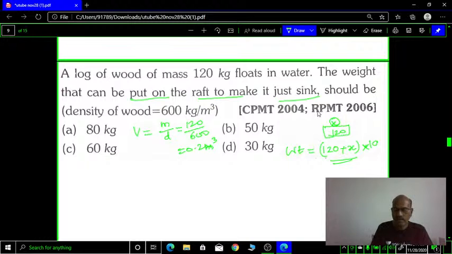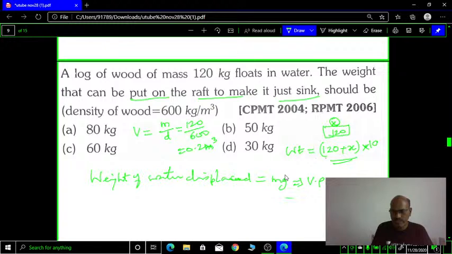Now the weight of the liquid displaced: however much it is going inside, that much volume of water will be displaced. The weight of the water displaced equals m into g, and mass we can write as volume into density, so volume into density into g.